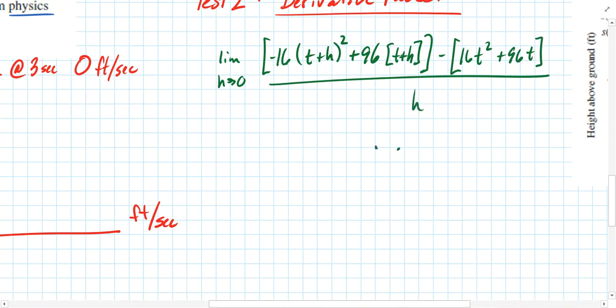We could actually go through all of the trouble of simplifying this difference quotient and then using a direct substitution to let h approach 0. That's where we were last week.